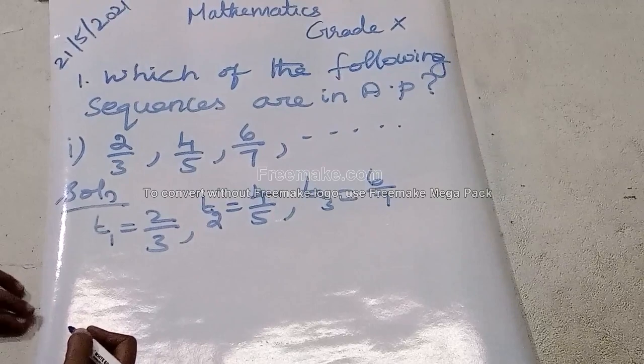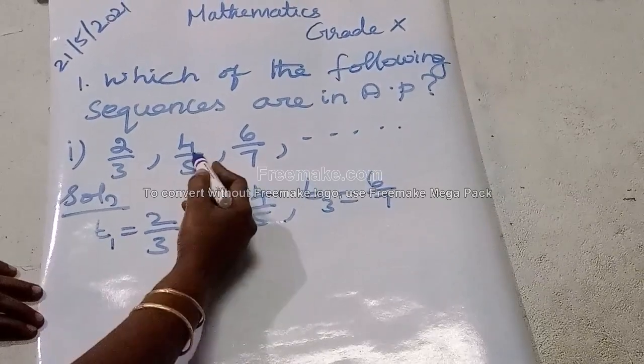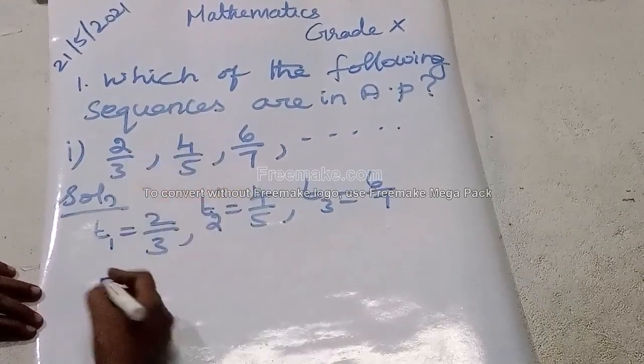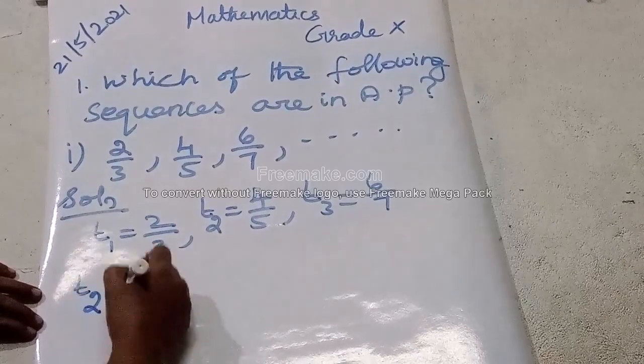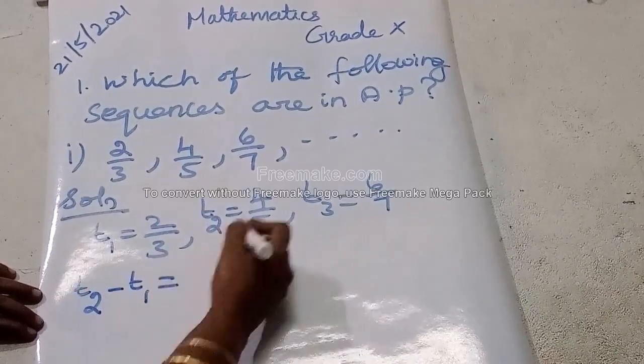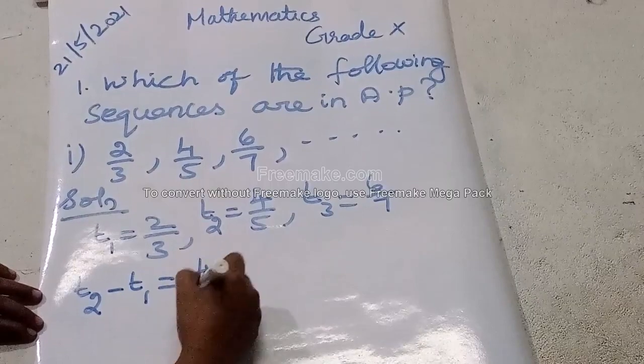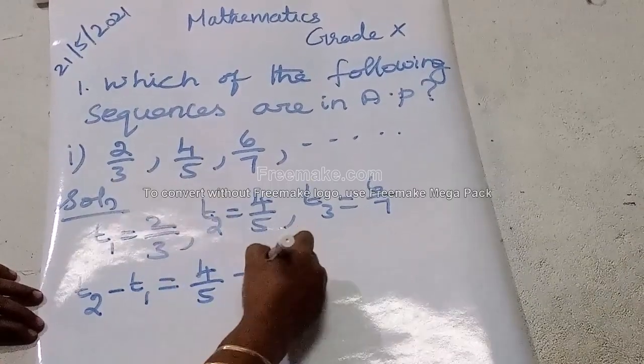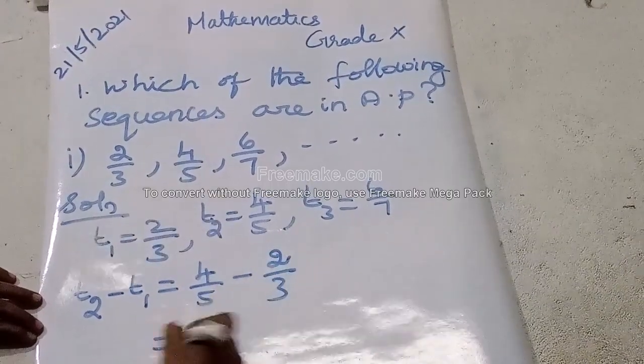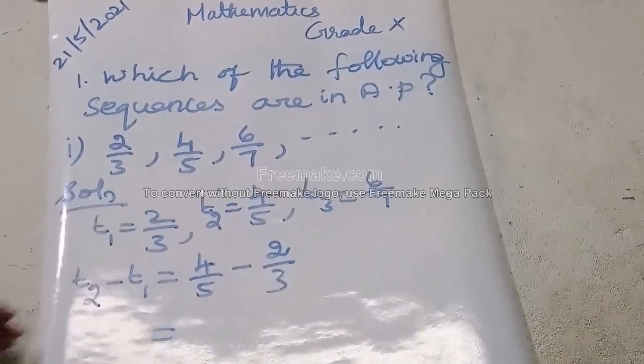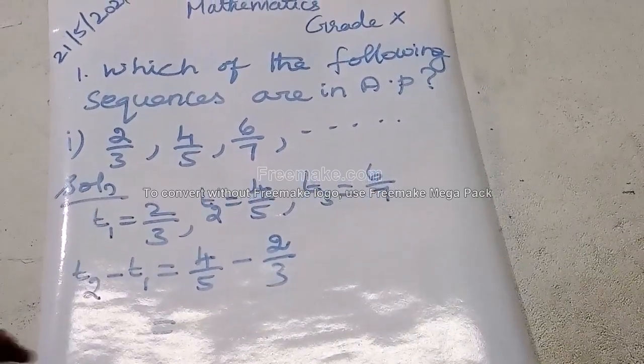To find the common difference, first we find term 2 minus term 1. T2 minus T1 equals 4/5 minus 2/3. They are fractions, so directly we cannot subtract.